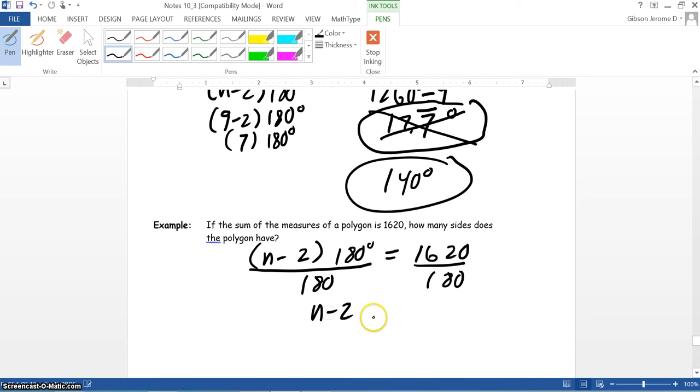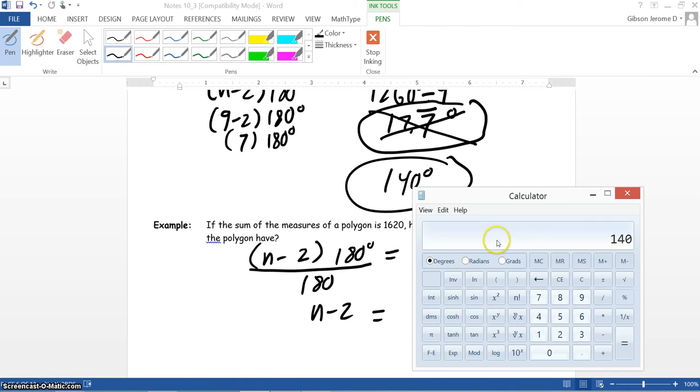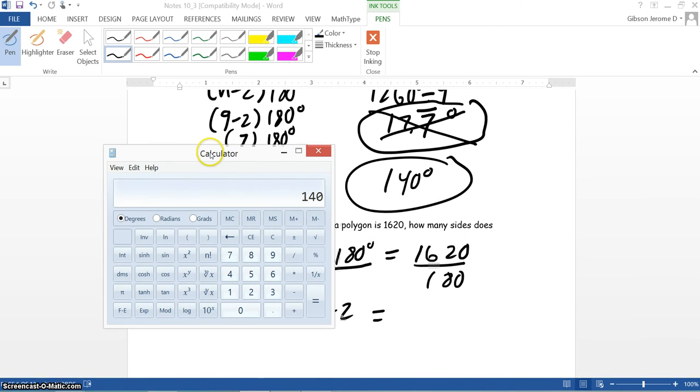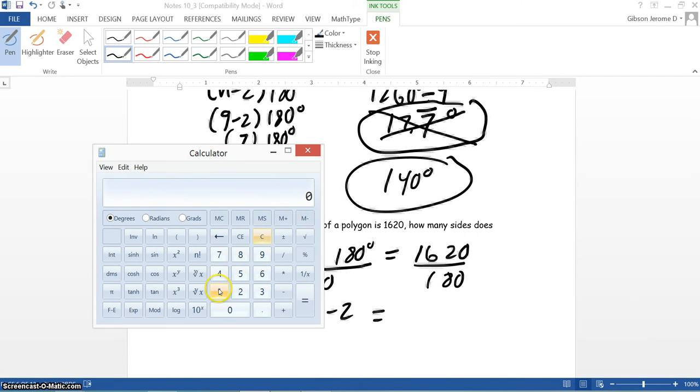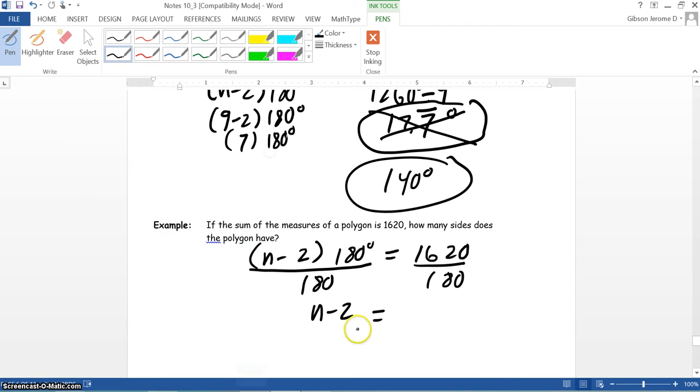And we would have n minus 2 is equal to. Now, we could take our calculator. We would take 1,620 divided by 180, and that gives us 9. So this is 9, and then we will add 2 to both sides, and n is equal to 11. So it has 11 sides, and that is our final answer.